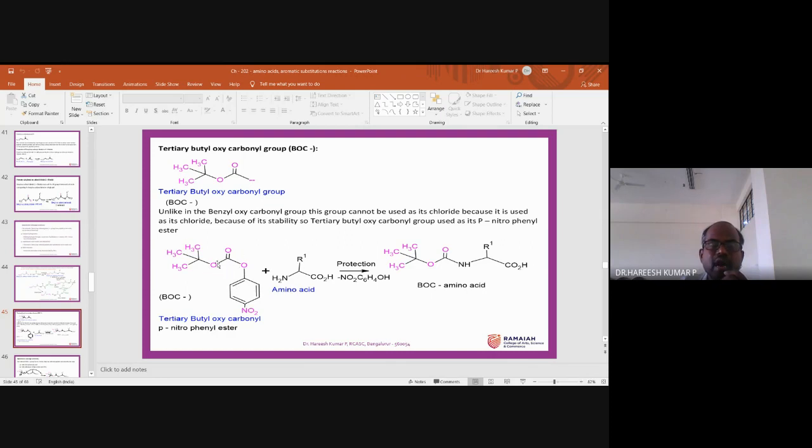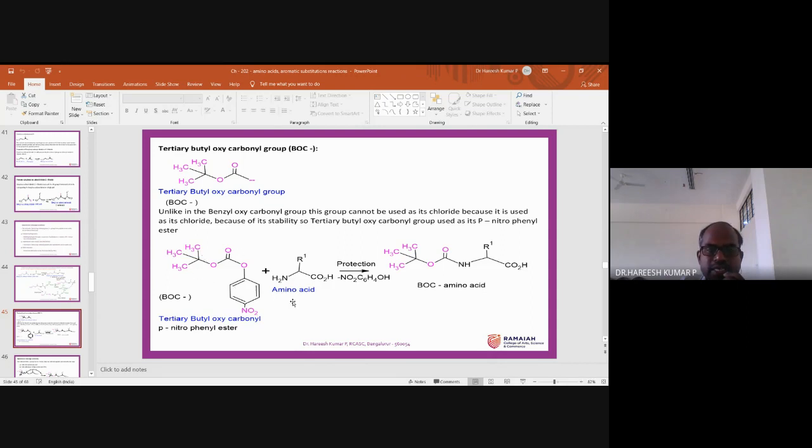Tertiary butyl oxycarbonyl chloride is unstable compared to the tertiary butyl oxy paranitrophenyl ester. This one is more stable compared to the chloride of BOC, so that is the reason esters are used. That means the paranitrophenyl ester of BOC.